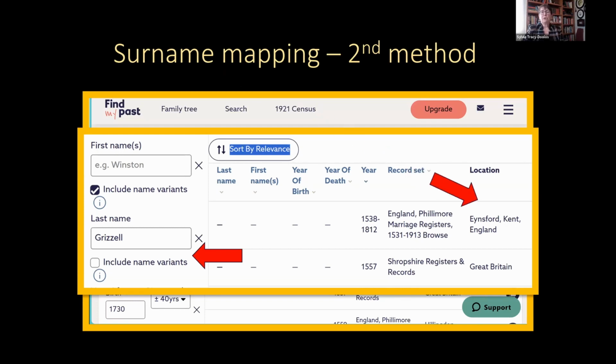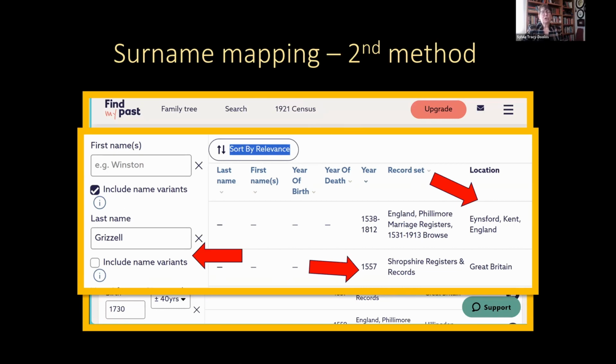What I'm going to do is put in the locations in my spreadsheet, and I'm going to show you what that spreadsheet looks like in a minute. I'm not going to put the town because that's a little too specific. I really want to have it where I can put them in a spreadsheet and get good information from that spreadsheet. So I'm going to put Kent, England for this first category, or for this first person.